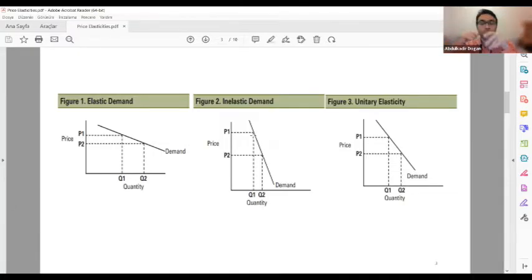What does this mean? Why do we say elastic or inelastic? For instance, if somebody has a behavior about flexibility, or if we have a plastic, right? If I put this plastic under the sun for days and days and days, then this plastic will lose its flexibility and it will dry, right?